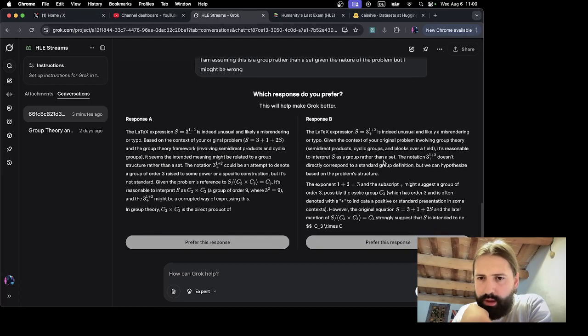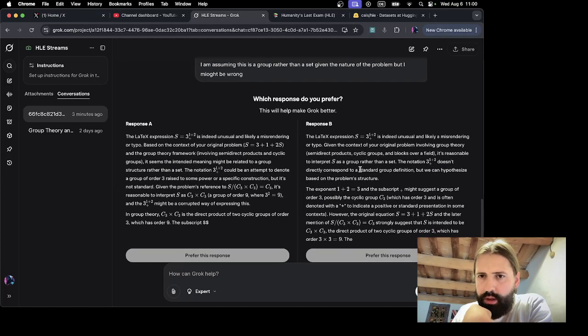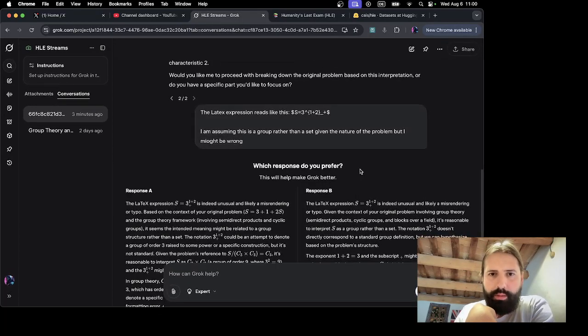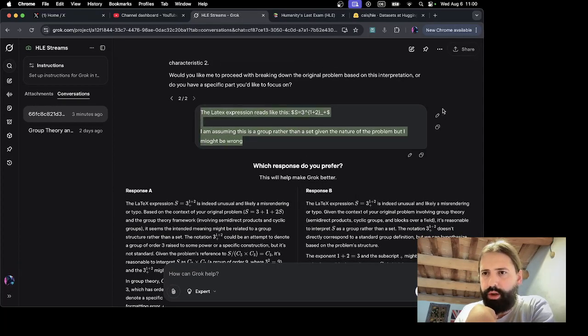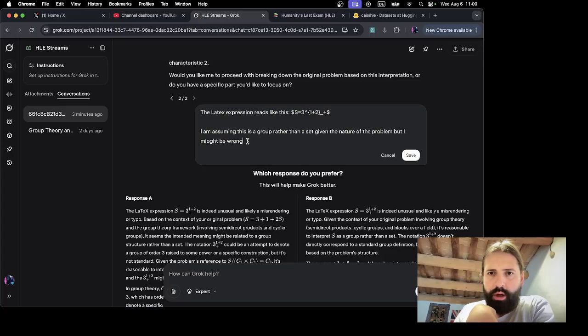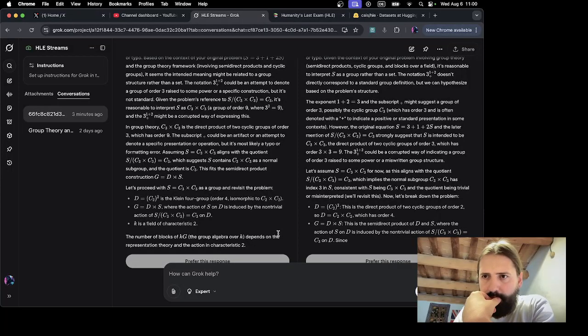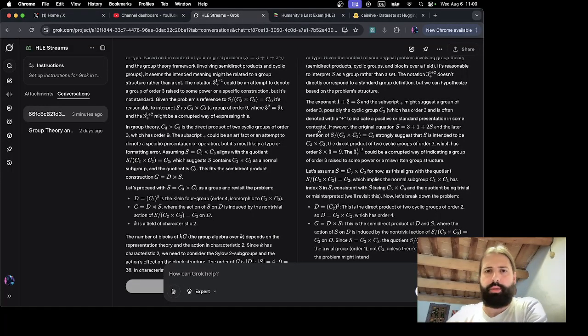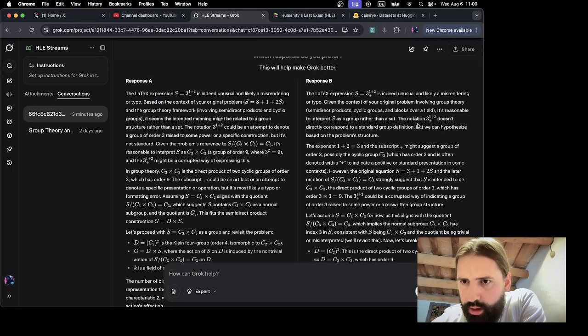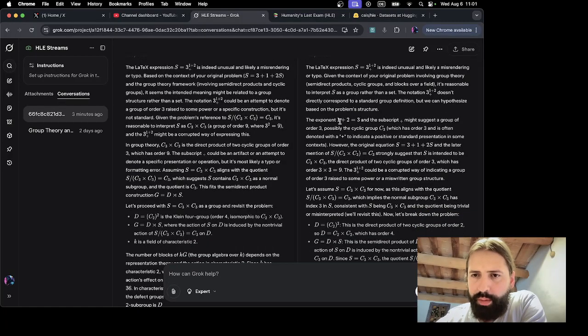What? Okay, none of these. Then I'm really going to ask. Okay, no, maybe. The notation doesn't directly correspond to a standard group definition, but we can hypothesize based on the problem structure. The exponent 1 plus 2 equals. I mean, this makes no sense.